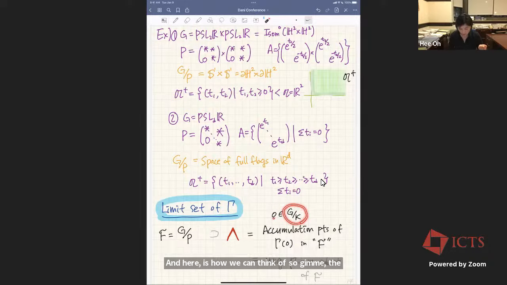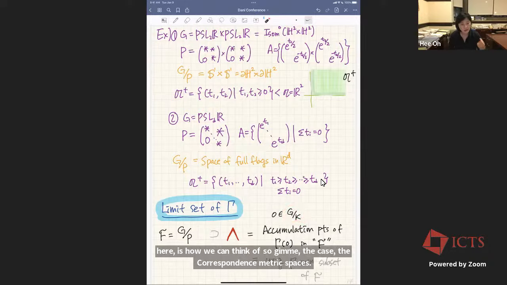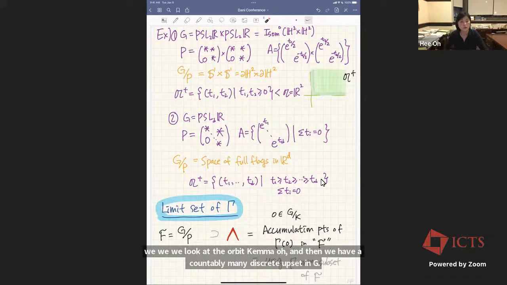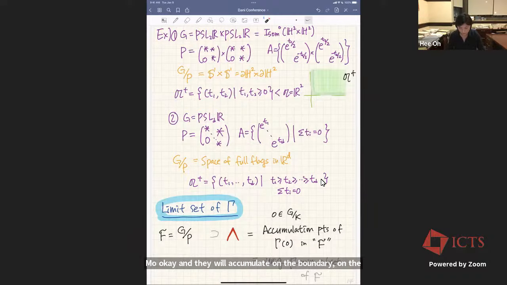So take any point in G mod K, and then just like what we did in the H2 case, we look at the orbit gamma O, and then we have a countably many discrete subset in G mod K, and they will accumulate on the geometric boundary. But we'll only collect those points which accumulate on the Furstenberg boundary, and that will be the limit set. So we simply take all the accumulation points of the orbit which lie in the Furstenberg boundary, and that is our limit set.